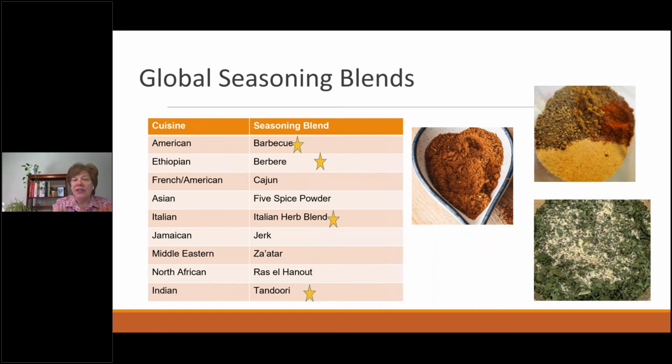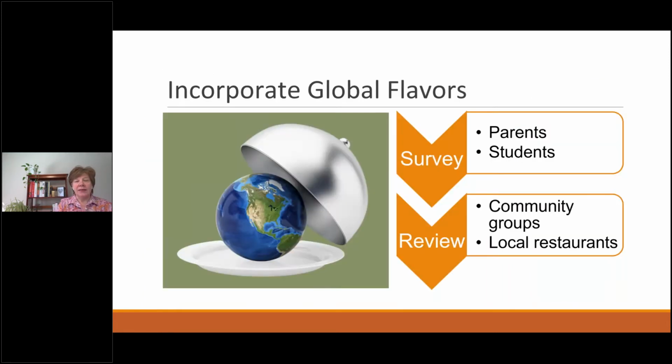Asian, very commonly used Asian five spice powder. Italian, of course, isn't just one spice like oregano, but a blend of herbs like oregano, rosemary, marjoram, and garlic. Middle Eastern, you might use za'atar, and in East Asian Indian, you might use a tandoori blend. So there are seasoning blends that are used all across the world that start with the common herbs and spices.